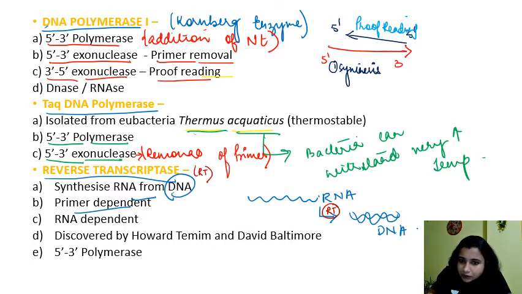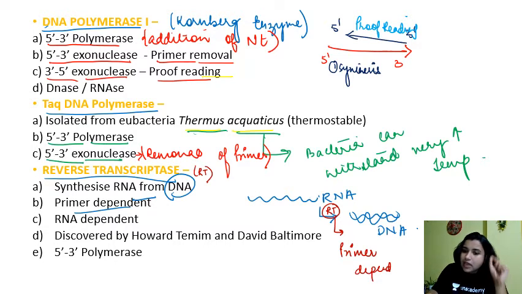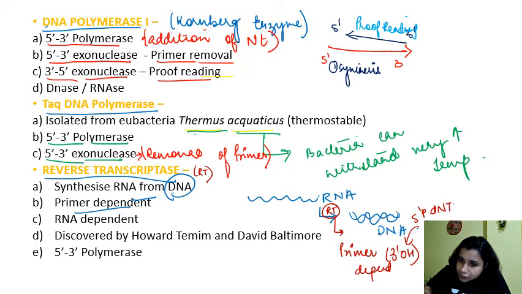So now what will happen? This enzyme is primer dependent. Why? Because primer provides 3' hydroxyl end for addition of the nucleotide, right? Without primer, it cannot carry out the process. So reverse transcriptase is a primer dependent enzyme because primer provides 3' hydroxyl end for the addition of dNTPs with 5' phosphate, right?